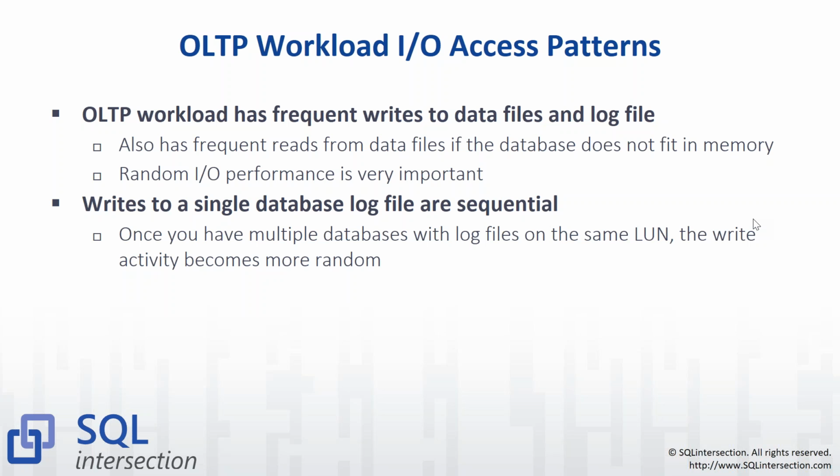Now, if you only have one database and the log file for that database is on a particular LUN, then you're doing just sequential writes to the log file. But it's more common for most people to have multiple databases on an instance, and they might have all the log files for all those different databases on the same LUN. And if that's the case, then your writes become much more random. So that's another reason you might want to use flash instead of magnetic in that kind of scenario.